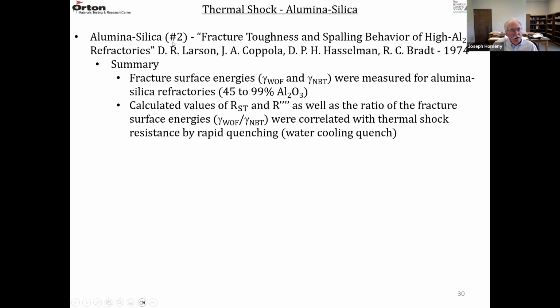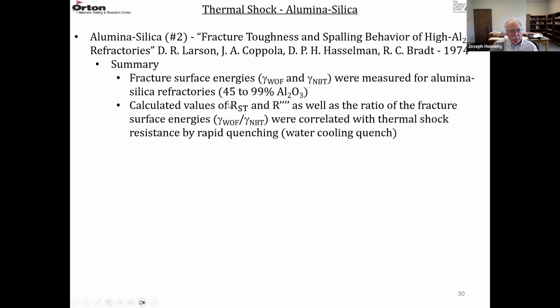So this one is for alumina-silica material, and they measured fracture toughness and spalling behavior of high alumina refractories. They measured fracture surface energies, gamma WF and gamma MBT, for different alumina-silica refractories. These are commercially available, from about 45 to 99% alumina.